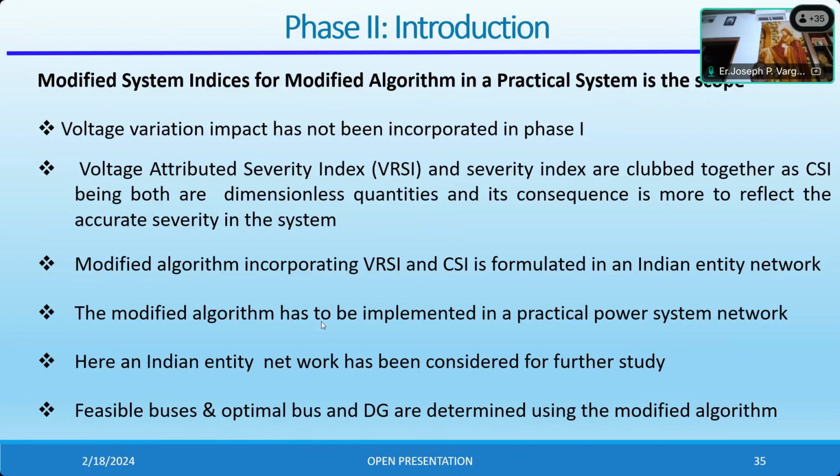Being both dimensional quantities, its consequence is more to reflect the accurate severity in the system. The modified algorithm incorporating VRSI and CSI is formulated for an Indian utility network, that is our system, the KSEB system. It has also been implemented in a practical network. Here an Indian utility network has been considered for further study. Feasible buses and optimal buses and DG are determined using the modified algorithm.